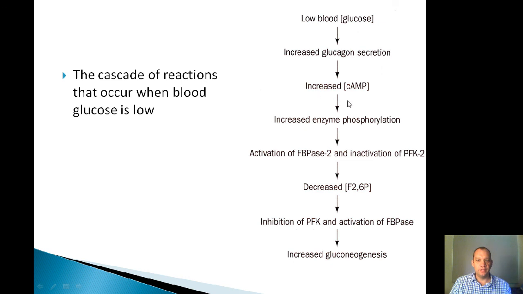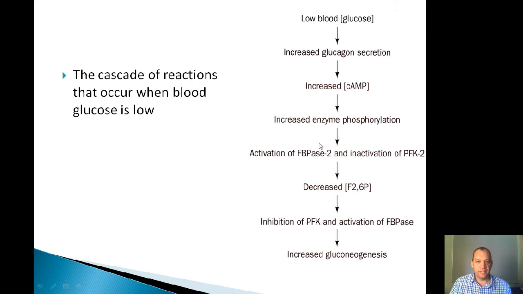That increases the amount of cAMP, cyclic AMP, in the cell, which increases enzyme phosphorylation through this cascade of kinase activities that gets activated. That'll allow for the activation of the FBPase2 activity and the inactivation of the PFK2 activity of that bifunctional enzyme, which either makes or destroys the fructose 2,6-bisphosphate.